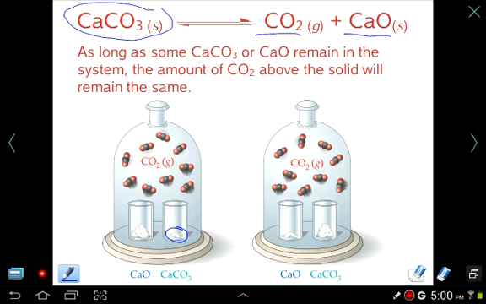And here visually we're showing you that it doesn't matter if you have a lot of calcium carbonate, a little bit of calcium carbonate and a lot of calcium oxide, or a little bit of calcium oxide, a lot of calcium carbonate. The amount of gas above is equal. So it does not matter that we change the amount of solid. Hopefully this helps to see the same concept.